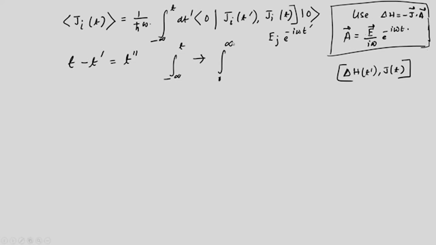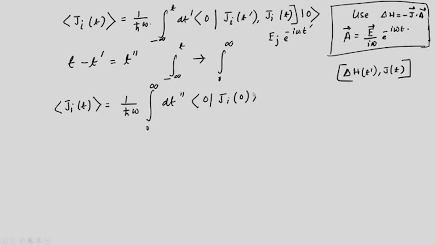Okay. You can trivially see that j I t in that case becomes equal to 1 over h cross omega, from 0 to infinity, and we have a dt double prime, and this is equal to 0, j I 0.